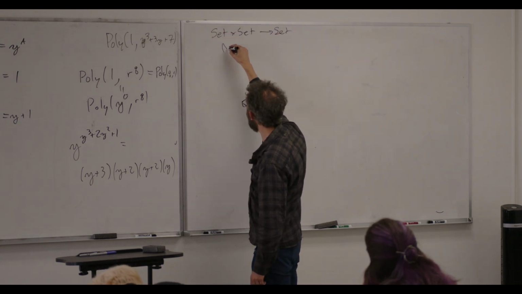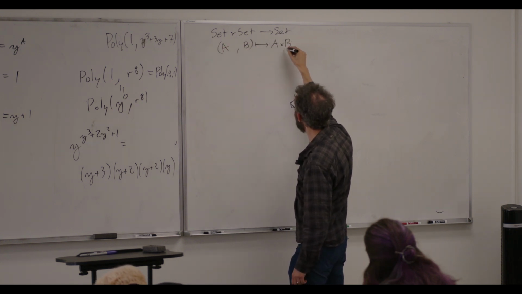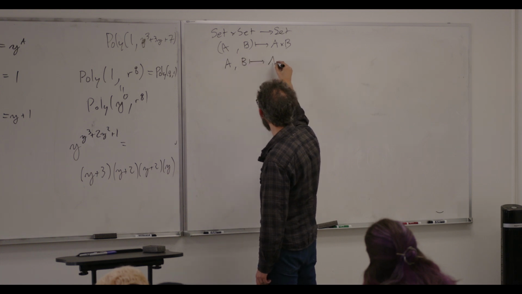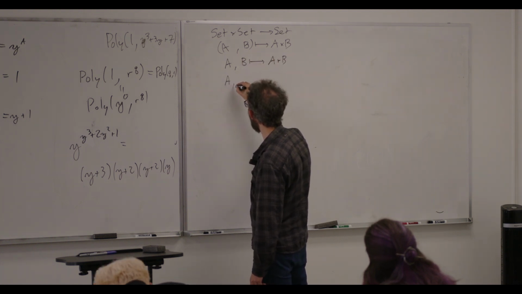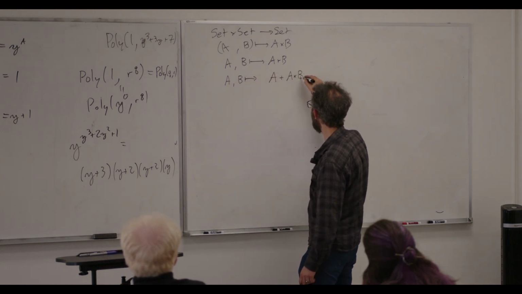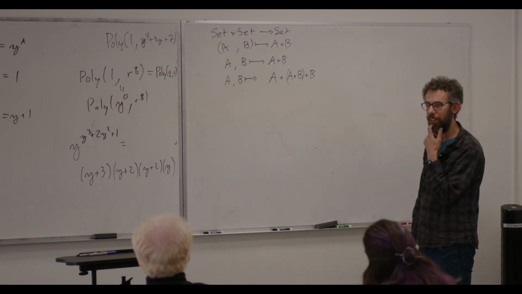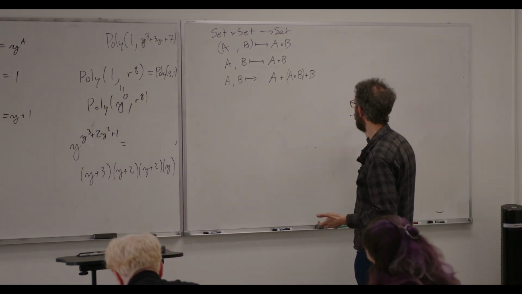One takes a set A and a set B and returns A times B. Another is A plus B. And then here comes the whole class of them. A and B could be sent to A plus A times B plus B. And this one is surprisingly useful. It seems weird to me, but when I first saw it, it was surprisingly useful.